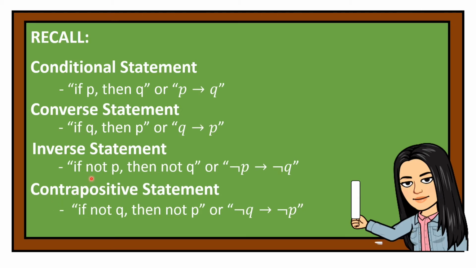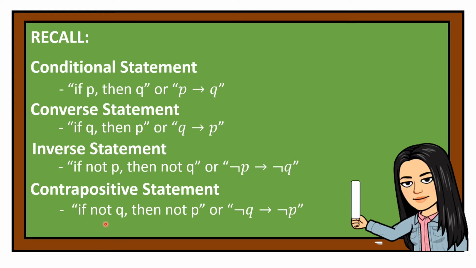In the inverse statement, not P comes first, while in the contrapositive statement, not Q comes first in the if statement, and then the then statement is our not P.